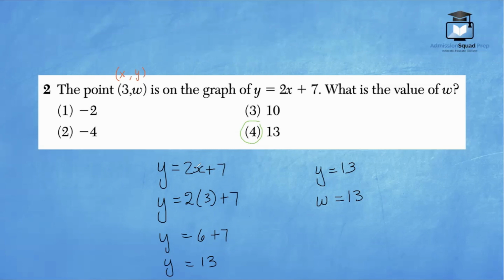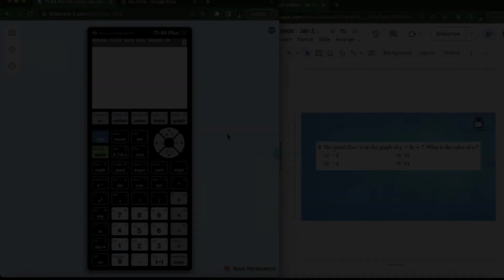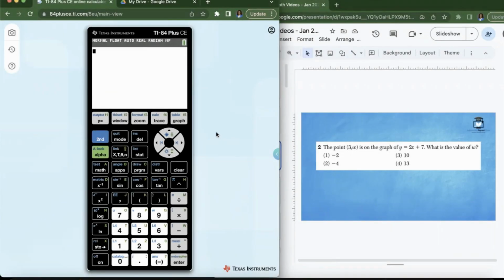Now, just in case you are having some challenges with computing some of the math here, there is also a way to complete this using the calculator and ultimately check your work. To solve this problem using the graphing calculator, we're going to head right on over to our y equals button yet again, because we want to take a look at the table of values to see what is the output when the input is 3.